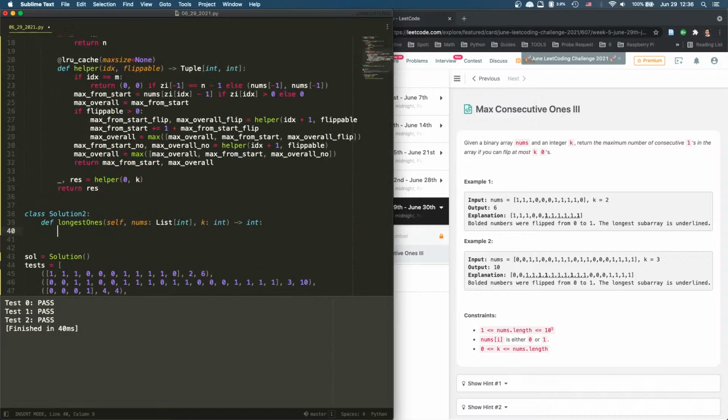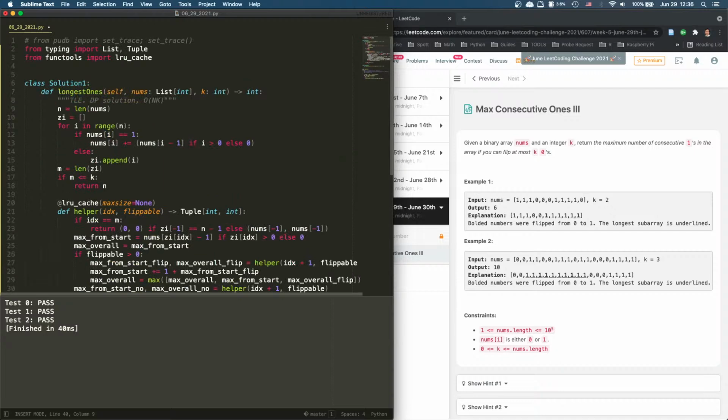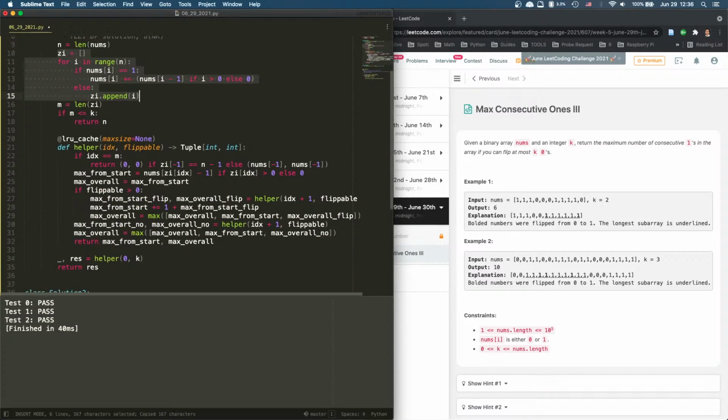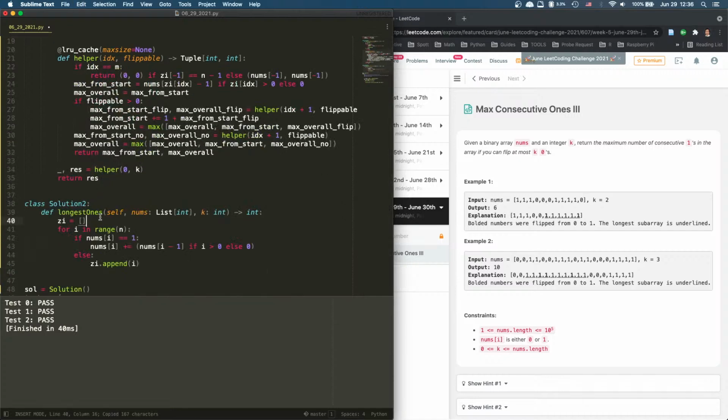So this one goes like this. Something I want to do here. We're going to say zeros and ones. So basically it's a count, right?